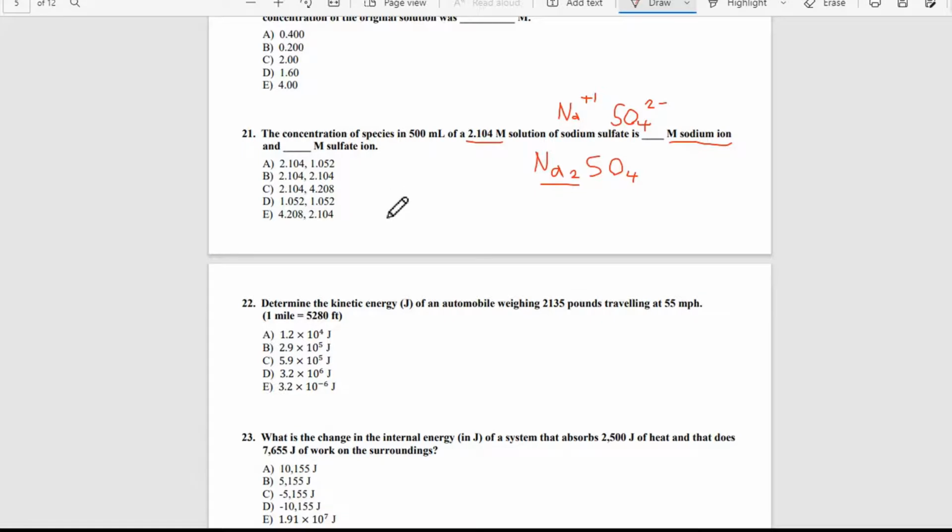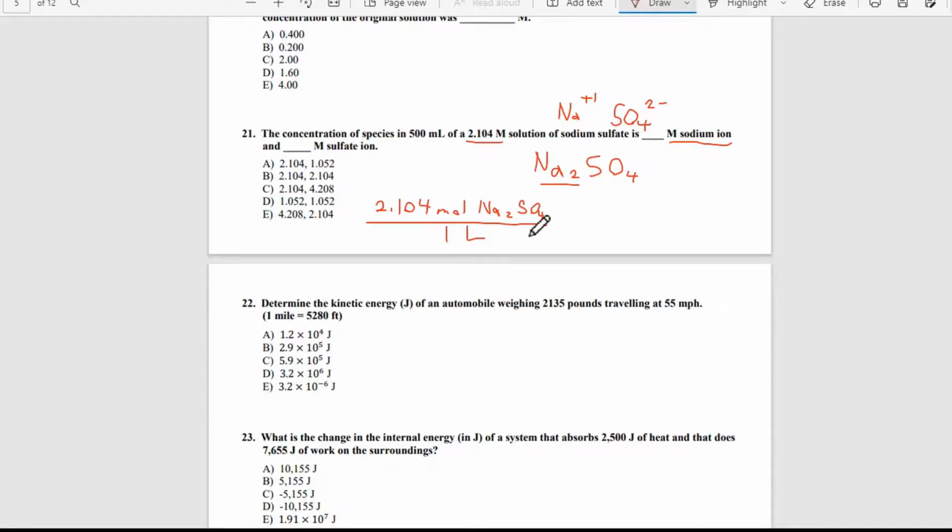If you wanted to show it via calculation, you could show it like this. Because molarity is moles per liter, right? So this is moles of Na2SO4 per 1 liter. That's the definition of molarity.